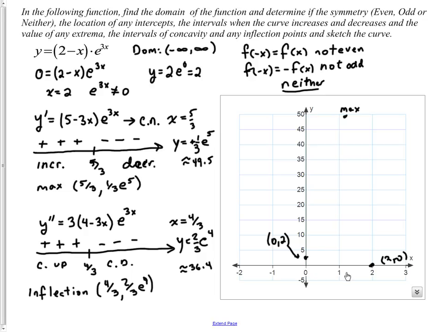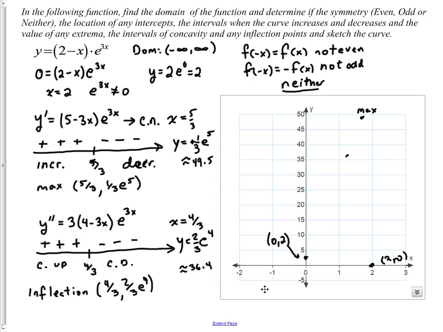And looking that up, 4/3 is right about here at 36, so slightly higher than 35. A little bit higher this time right here. And of course, our coordinate point right here for our maximum is at 5/3. Let me just move that over a little bit right here so we're in the right place, more or less.